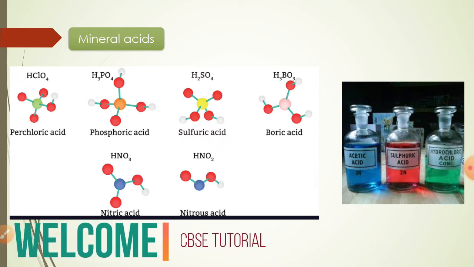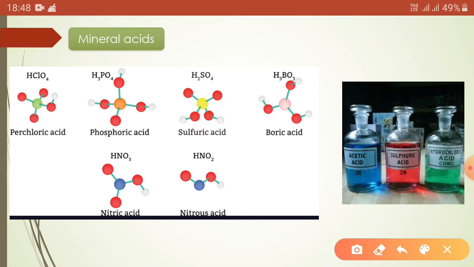Now we will learn about the chemical properties of acid. The first chemical property we will learn about is acid with metal. When acid reacts with metal, acid gives hydrogen gas along with the respective salt.